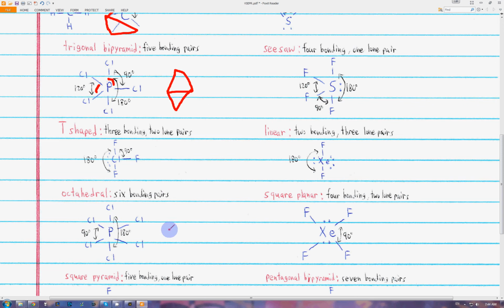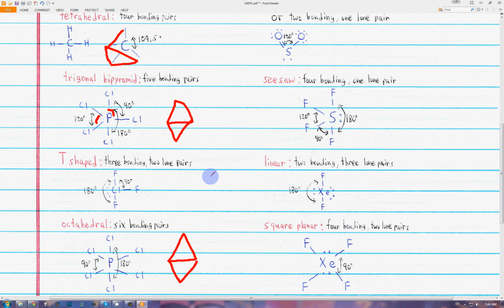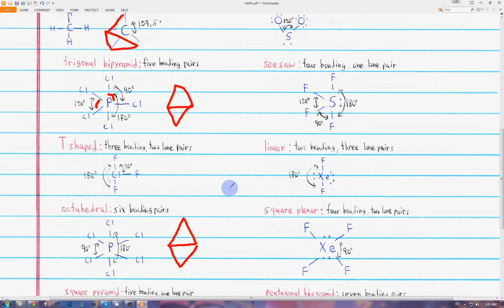So again, you can think of it as 2 pyramids back to back, except here the pyramids have a square base instead of a triangular base. So those are the most common shapes that you'll definitely have to know. If you want to look at some of the other shapes, they're on the notes sheet, but I will not go over them in this video.